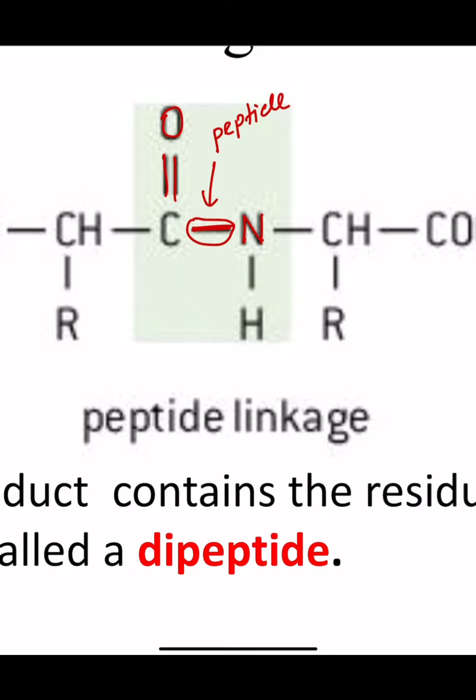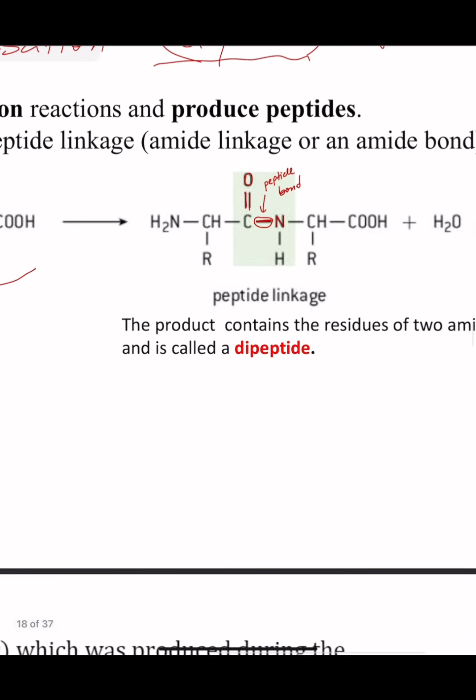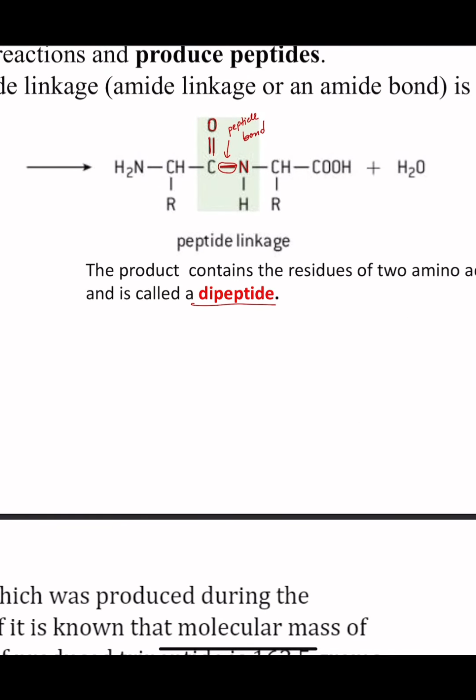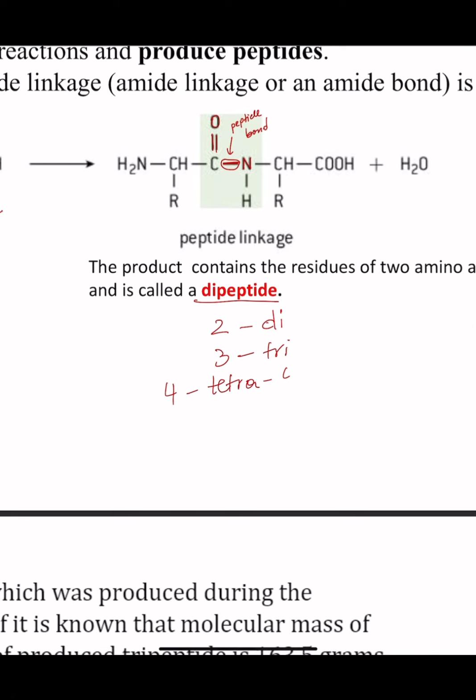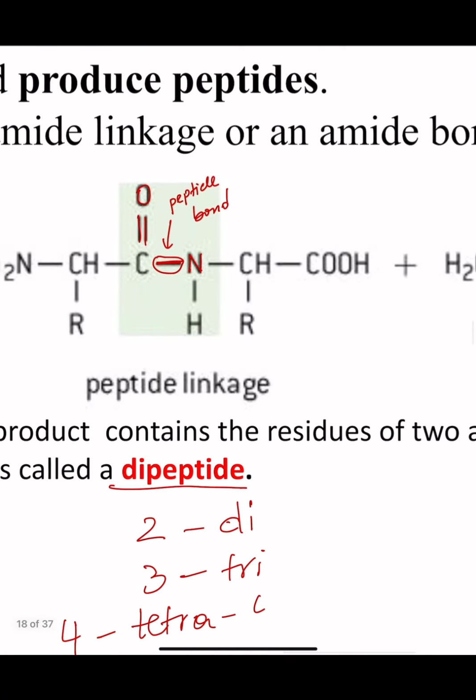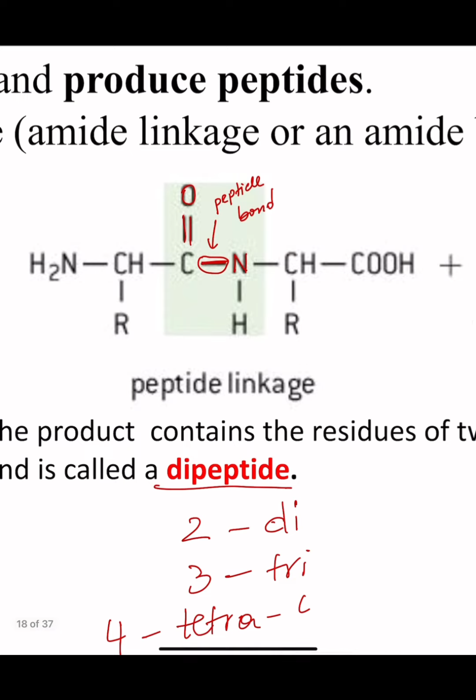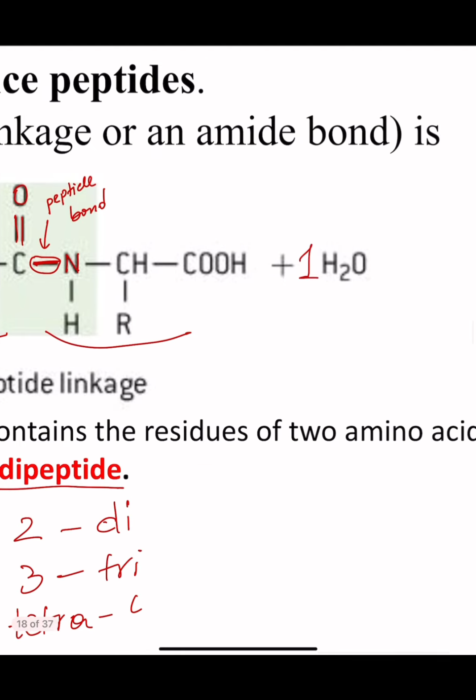Peptide bond. And as you see, when I produce a dipeptide, the reason is there are two amino acids. Di stands for 2, tri stands for 3, and tetra is 4. So when I make a dipeptide, meaning 2 amino acids, I produce 1 mole of water.